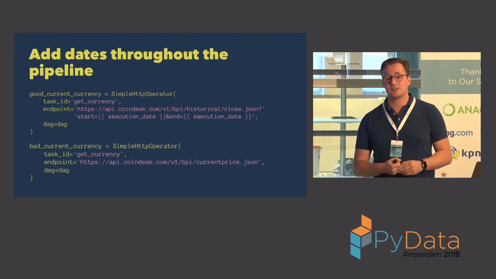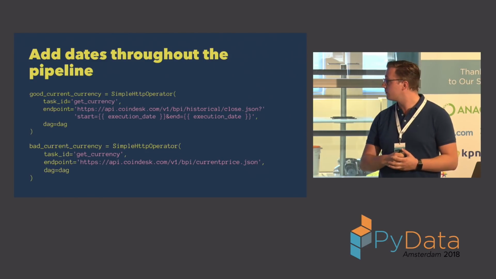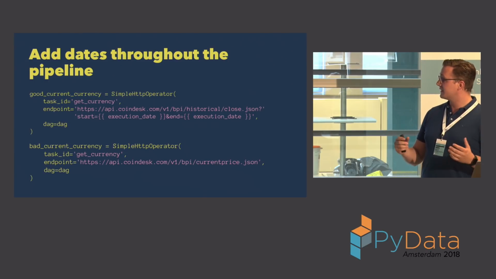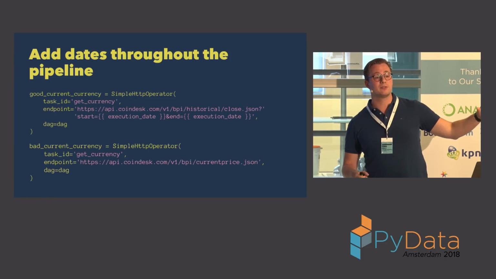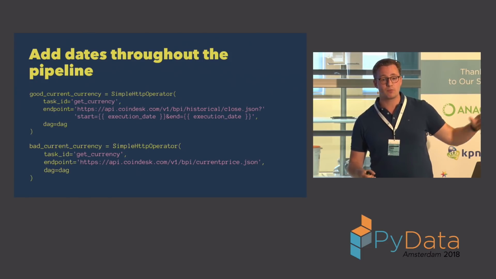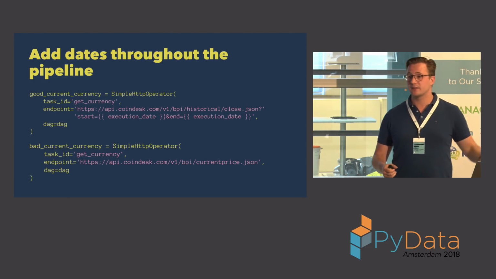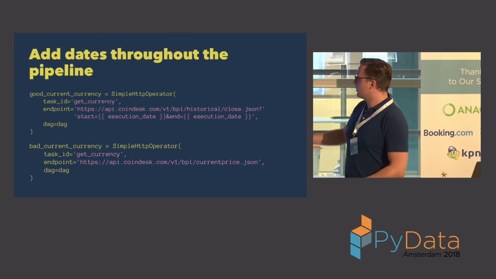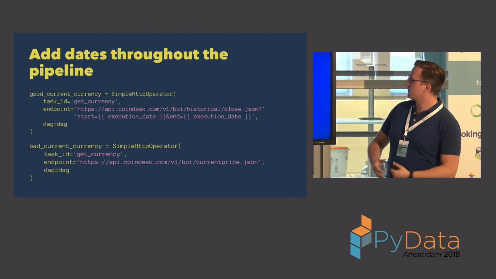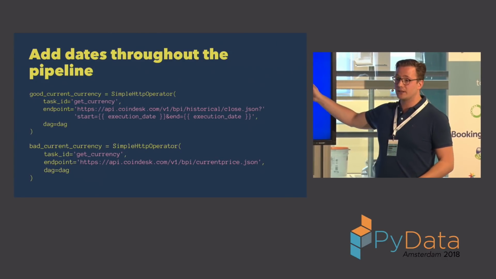What's also really important when writing DAGs and Airflow operations is that you take the date into account. If you have something that has been run like 1 week ago, something changed, and you want to rerun it, you want to make sure that you get the same result. Using Airflow, you can do templating. For example, this is invoking an HTTP endpoint.